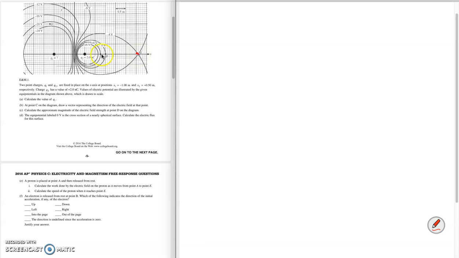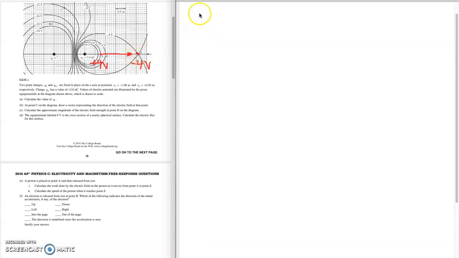So here's point E, here's point A, and it's going to go from A to E. So it's going to go from the plus 4 volts to minus 4 volts. It's essentially going to be rolling downhill. You could think of putting a bowling ball on a smooth mountain and letting it go and watching that it goes down the hill towards the valley.